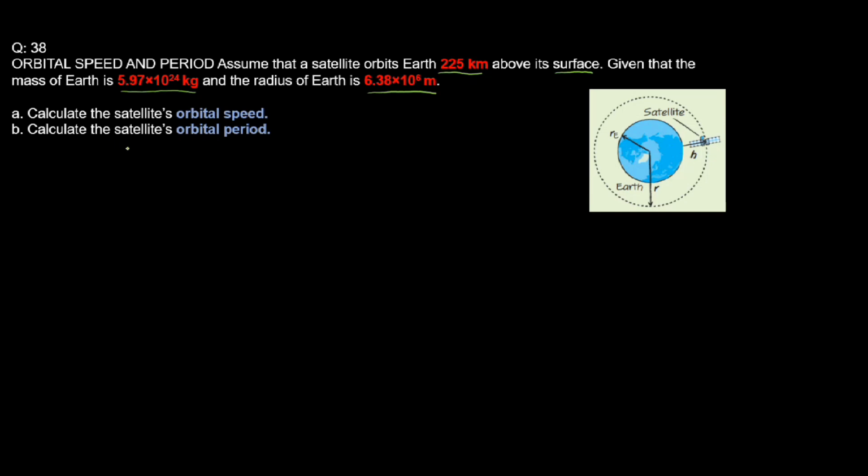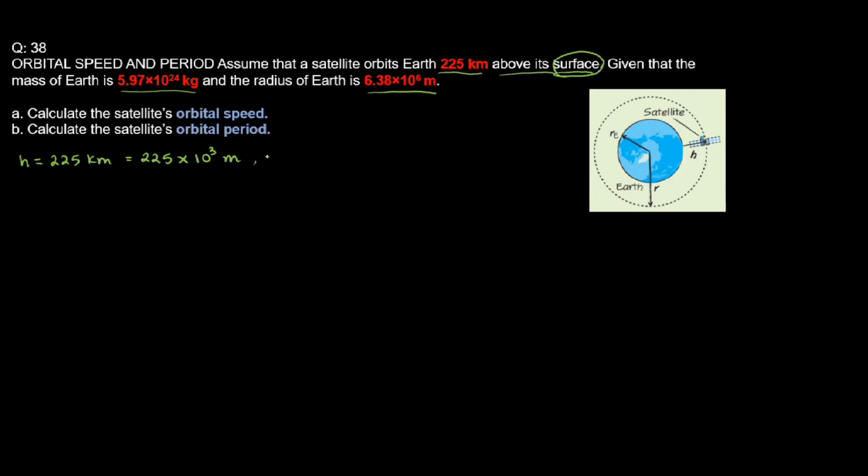Let us first write what the question has given us. They have given me the distance of the satellite above the Earth's surface. And whenever this distance is given above the Earth's surface, we write this distance as h, which is 225 kilometer. And I will convert that to meter by multiplying this with 10 to the power 3.